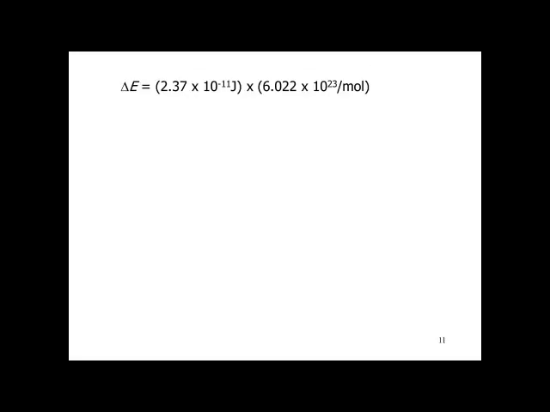If we then multiply by Avogadro's number to get a mole, it becomes a negative 1.43 times 10 to the 13th joules per mole, or 1.43 times 10 to the 10th kilojoules per mole, which is a very large amount of energy.